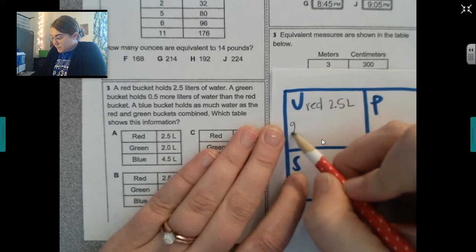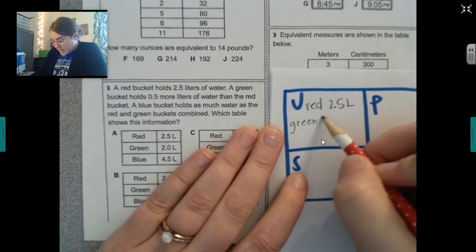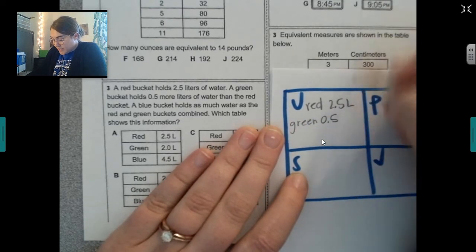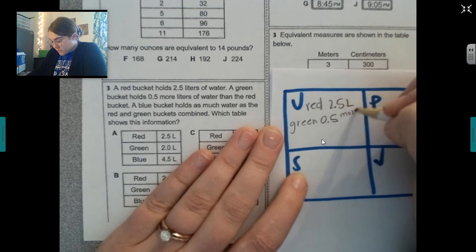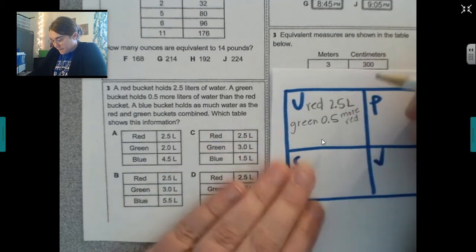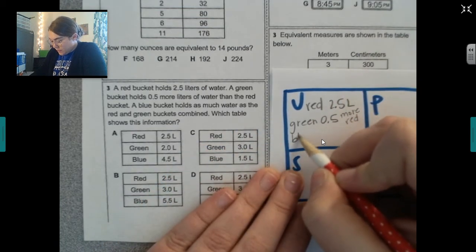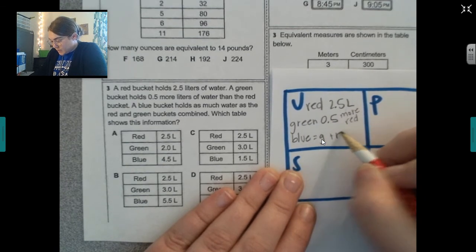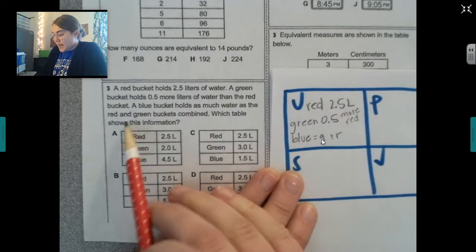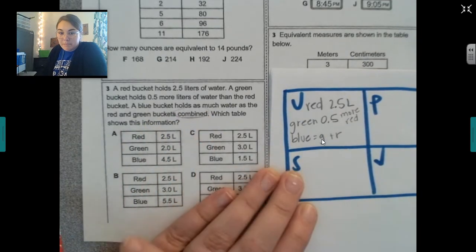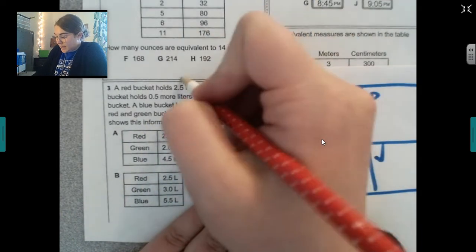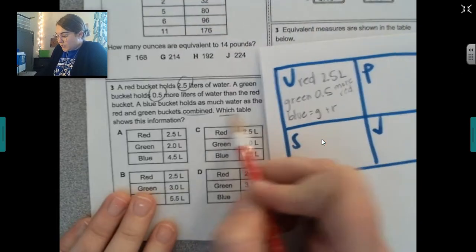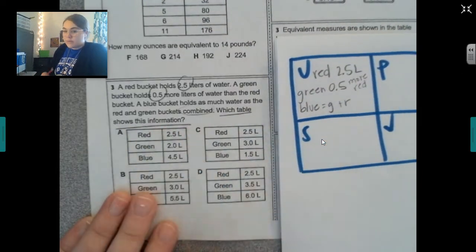Green says it's 0.5 more than red. Blue is saying that we have to do green plus red. It says red and green buckets combined. So that word combined means that it is adding. So let's underline what our question is. What table shows this information?